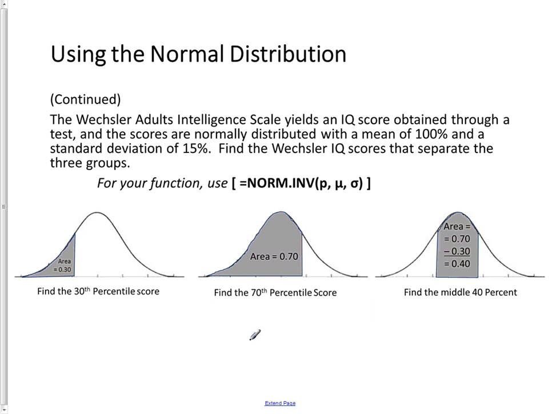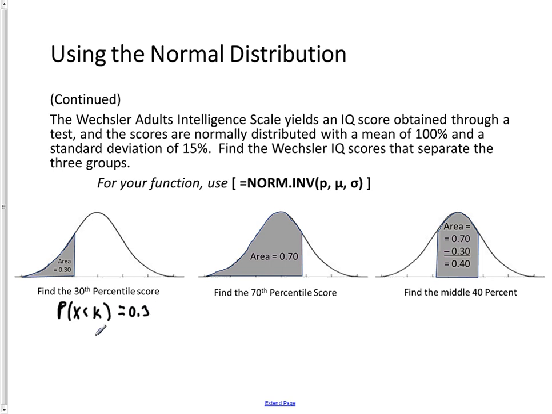So let's go through it. First, let's find the 30th percentile score. What that means, of course, is that we're trying to find our x1, sometimes we call it k, such that the probability of being below that score is equal to 0.30.